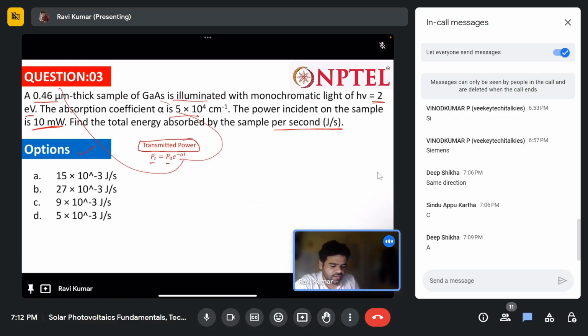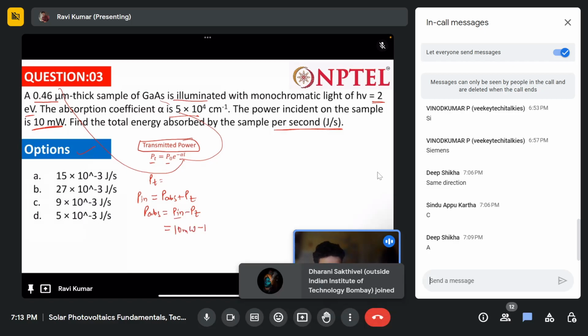So using this, we can calculate PT, and we know P incident equals P absorbed plus P transmitted. So P absorbed will be P in minus PT, and P in is equal to 10 milliwatt minus PT. So you just need to calculate this PT.